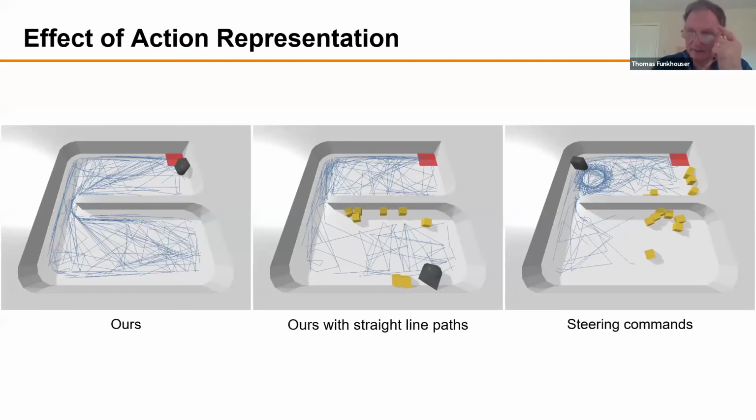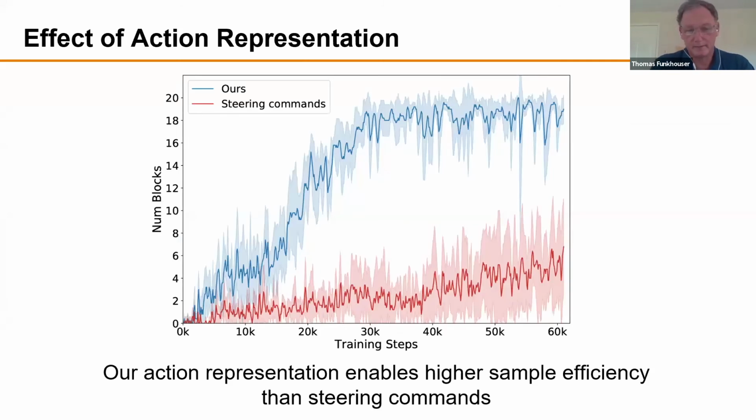And the pattern up in the left of the steering commands basically is showing that the steering commands are not really learning very useful behaviors. If we were to look at sample efficiency during training, it's the same story where the blue curve is ours and the red curve is steering commands, and our method fairly quickly learns useful behaviors, whereas with steering commands, it takes much longer.